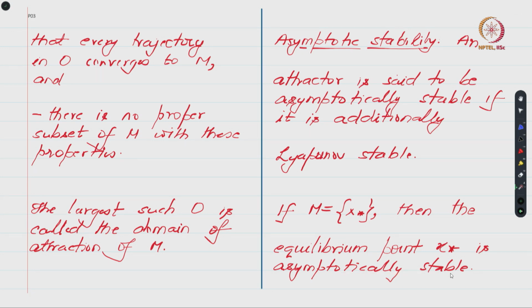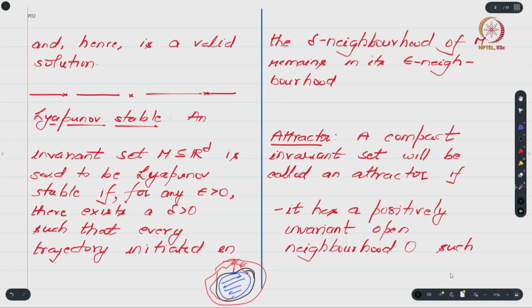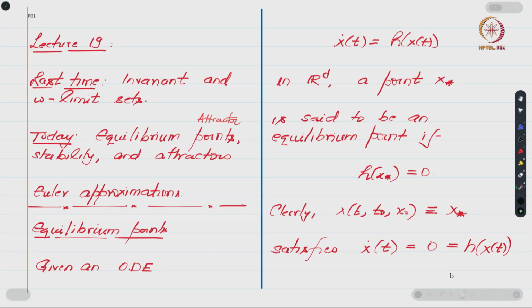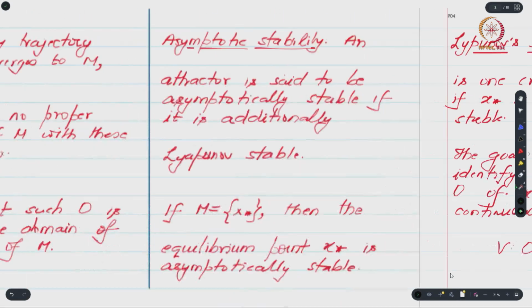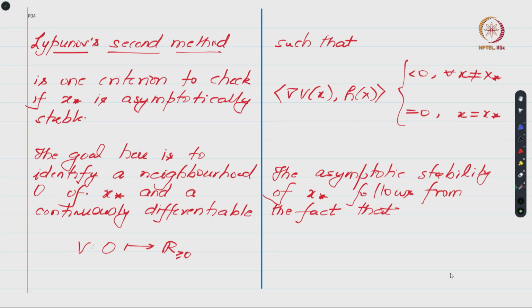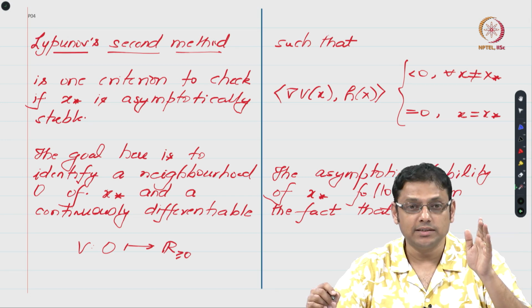Let us quickly summarize what we have done so far. We have understood the concept of asymptotic stability, attractors, Lyapunov stability, and also equilibrium points. Now, if you remember, the question I had asked a few minutes back was: if you start in the neighborhood of an equilibrium point, or now we can also talk about attractors, what is the guarantee that you will go towards that equilibrium point or this invariant set M?